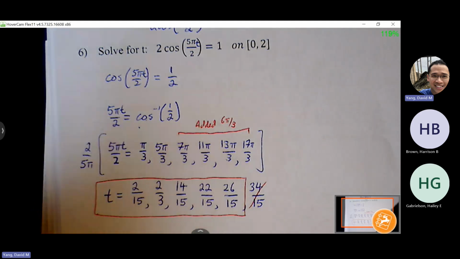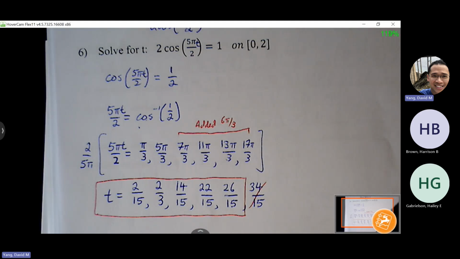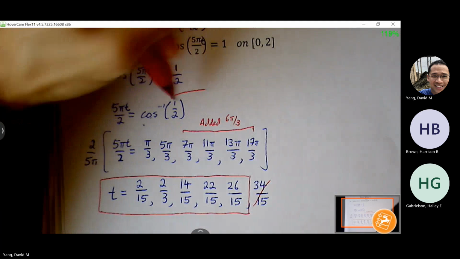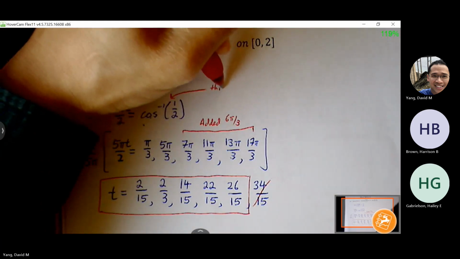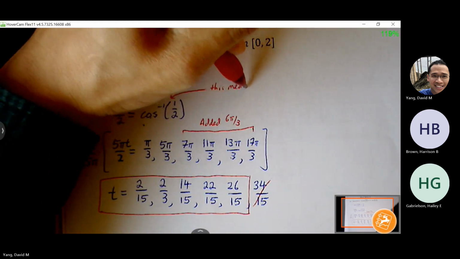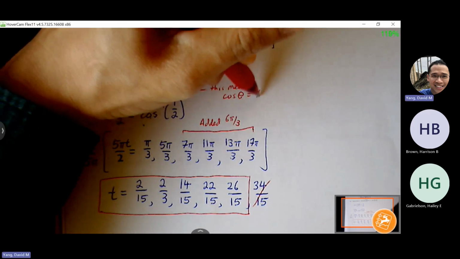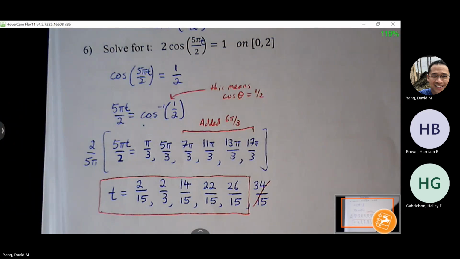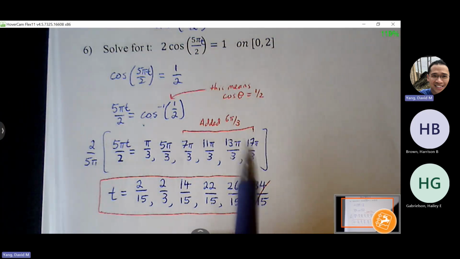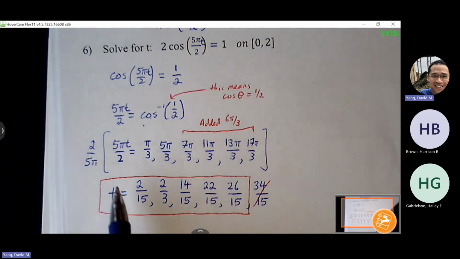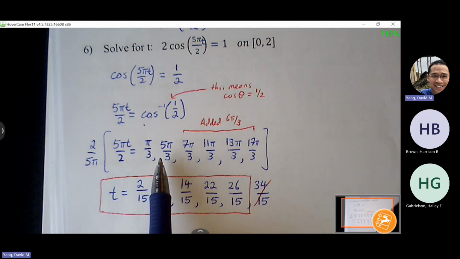We ask ourselves, where is cosine theta equal to 1/2? So we know it's going to be in that pi over 3 family in the first and fourth quadrant. So pi over 3, 5 pi over 3.